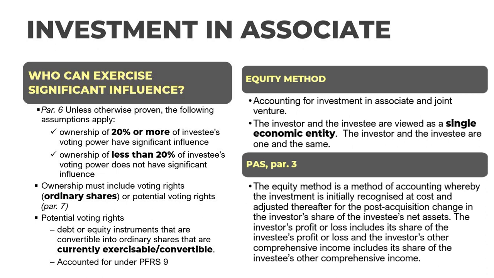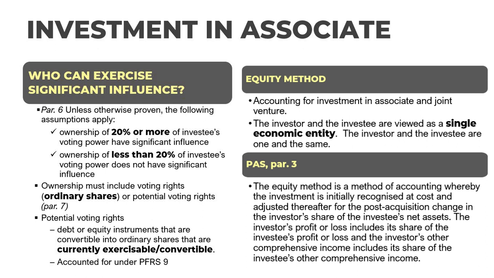Ganon din kapag less than 20. Ang assumption natin is wala siyang significant influence unless otherwise proven. Kasi kahit siya ay less than 20% lamang ang kanyang ownership, possible pa rin na siya ay may significant influence. Nakakapag-participate siya sa policy making.